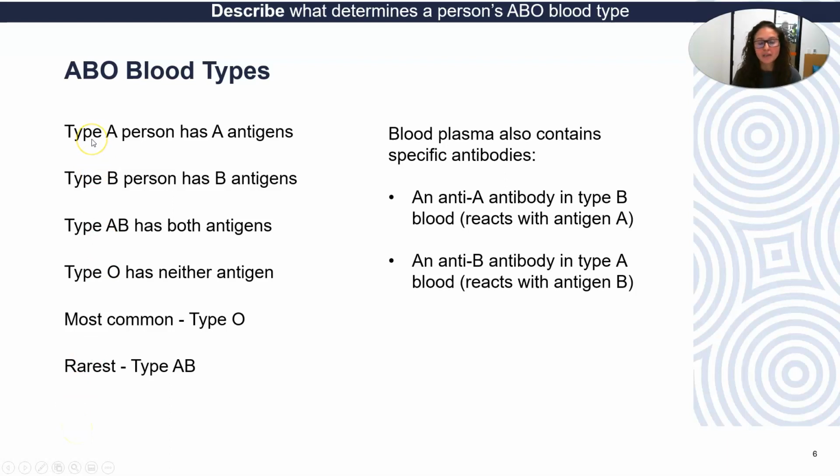Before we get on to that, there are 2 main blood grouping methods, and they are usually combined, and that's what confuses people. We use the ABO grouping method, that's one, and then we use the Rh grouping method, which is the other.